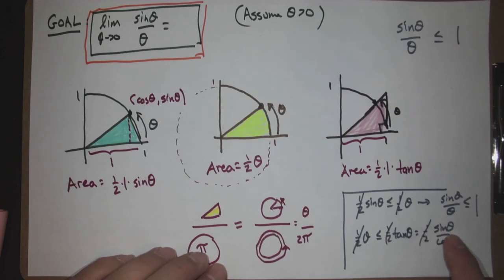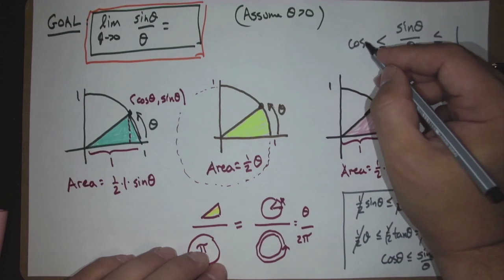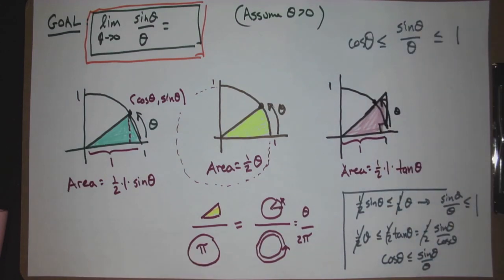We can move the theta, and we can move the cosine. So you get cosine theta is less than or equal to sine theta over theta. So sine theta over theta is between cosine theta and 1. Ooh. Nice.